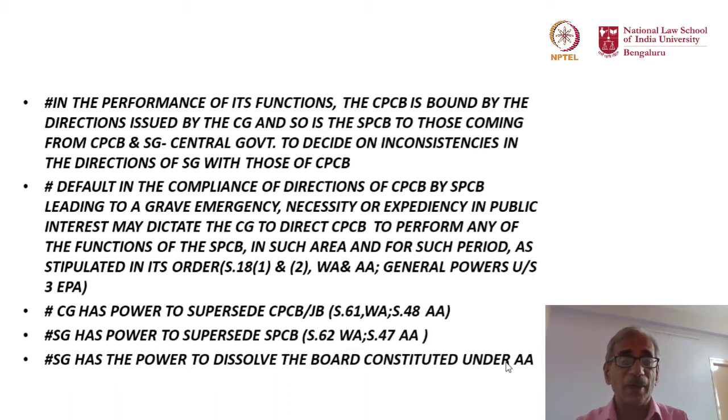That means under Water Act and Air Act, although you are supposed to be subordinate to the state government, you have as many as three masters. The state board is bound by directions of state government, is bound by the directions of the Central Pollution Control Board, is bound by the orders issued by the central government. So three masters for one person, and that is the State Pollution Control Board.